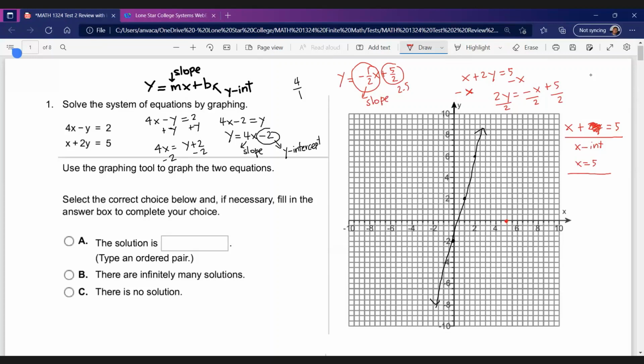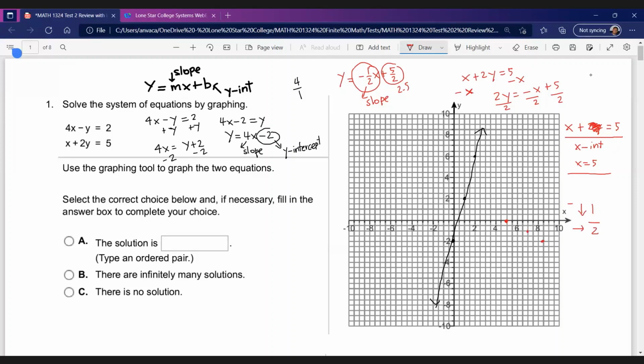And now I can use the slope, which the negative means count down 1 unit and then go to the right 2 units. That's because of that negative. So down 1, over 2. Once again, kind of painful to the eye. Down 2 over 1.